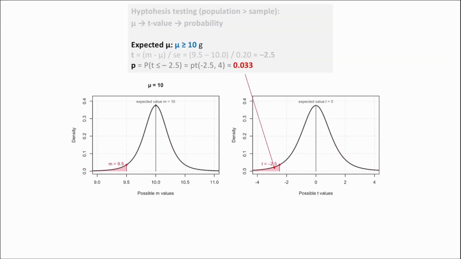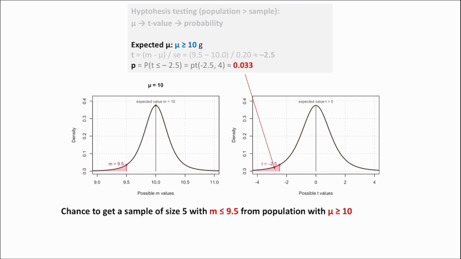Okay. So this is the probability. You can interpret this probability in several ways. The first way: it's a chance to get a sample of size 5 whose average will be 9.5 or below, although it came from a population with mu equal to or larger than 10, right?